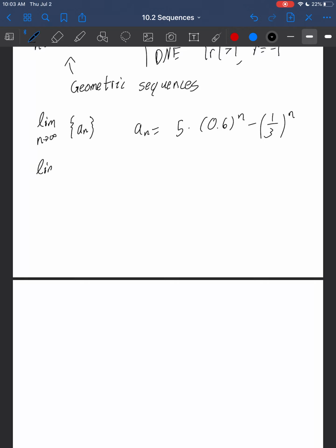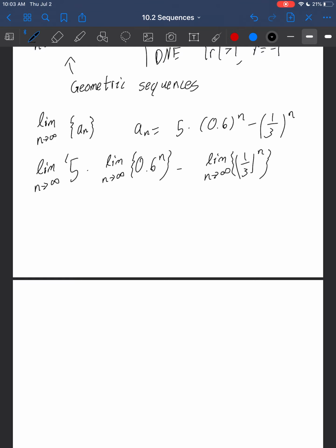So what we can do is break this up using our limit rules. This is 5 times the limit as n goes to infinity of 0.6 to the n, minus the limit as n goes to infinity of 1/3 to the n.